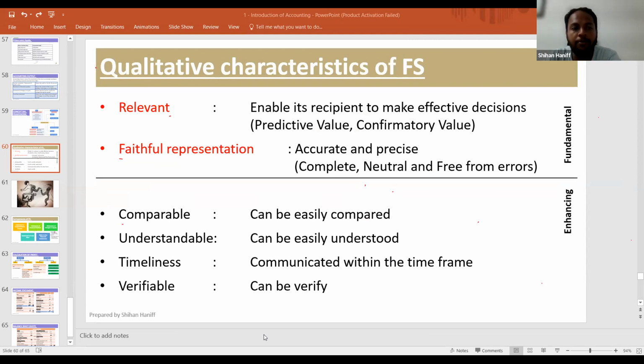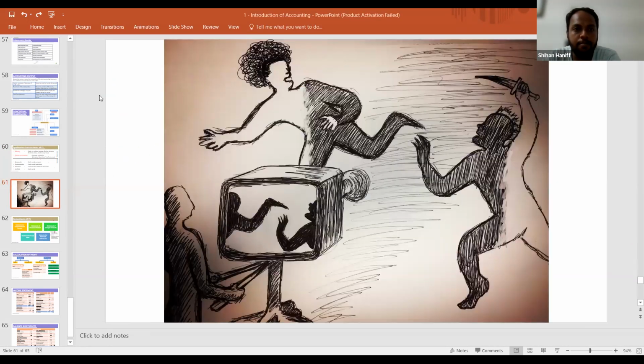Then what is neutral? Neutral, in a vehicle, what is called neutral? Neutral means unbiased. See this photograph. What can you see? Is it neutral?